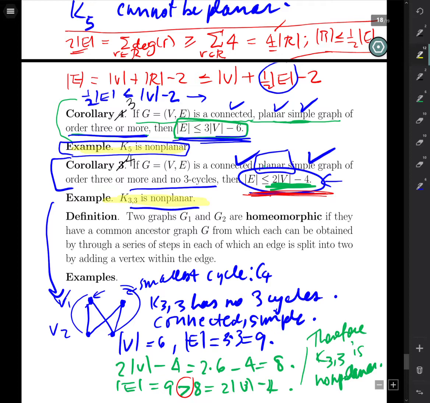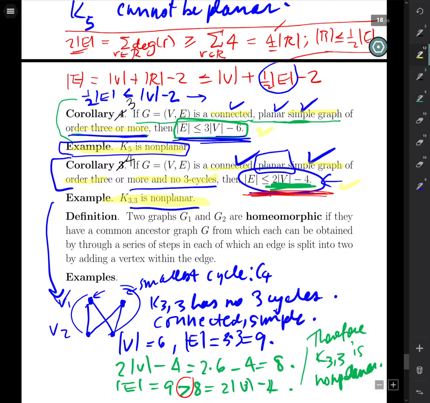Both of those depend only on calculations because they satisfy everything else: connected, simple, order 3 or more, or in the case of K33, connected, simple, order 3 or more, and no 3-cycles. So it was just a matter of showing that the counts don't work out for them to be planar. They cannot be planar because they don't satisfy the conclusion of those corollaries. Those are the kind of proofs that I occasionally will ask on an exam. So be aware of that.